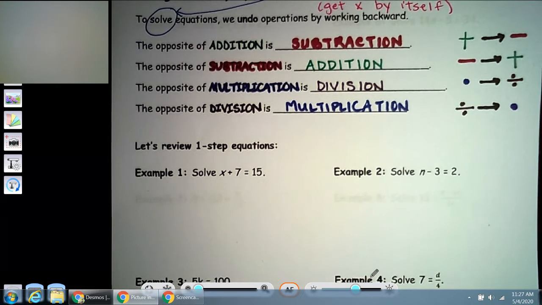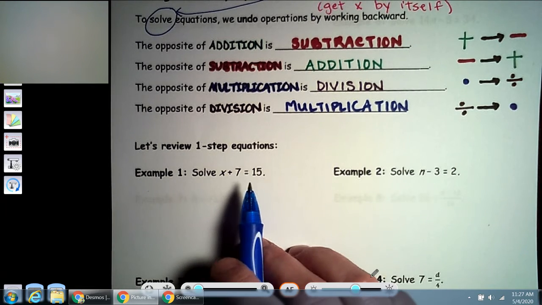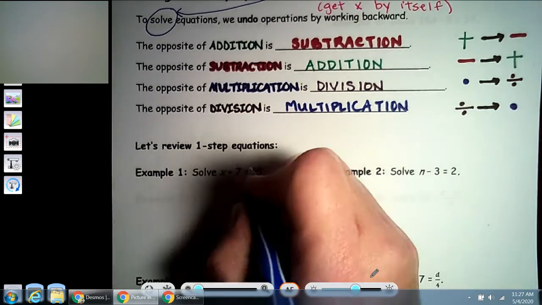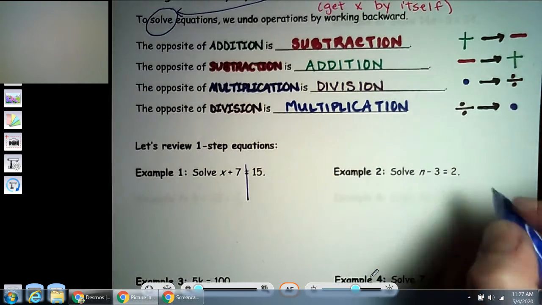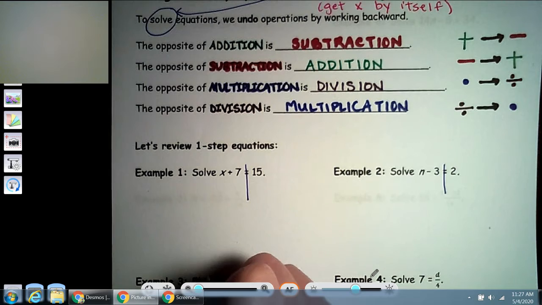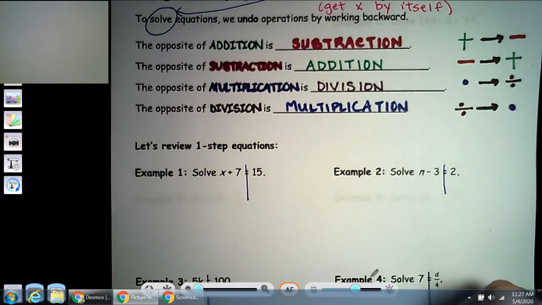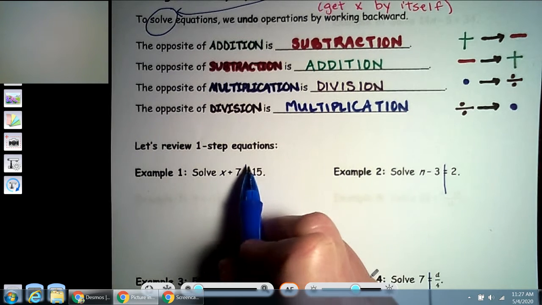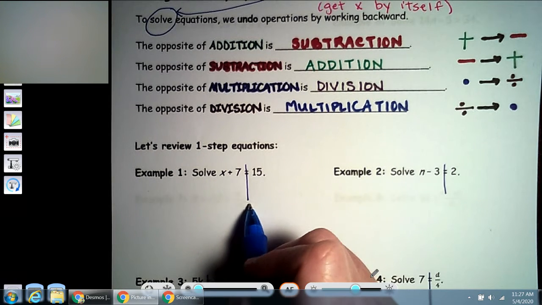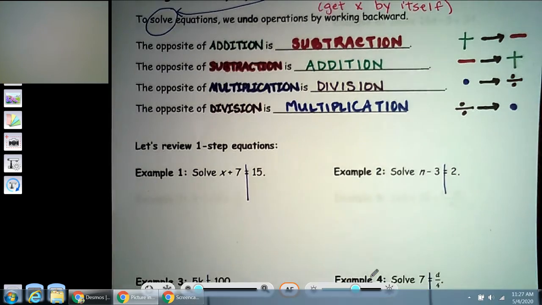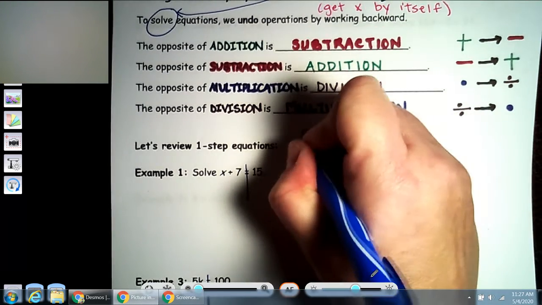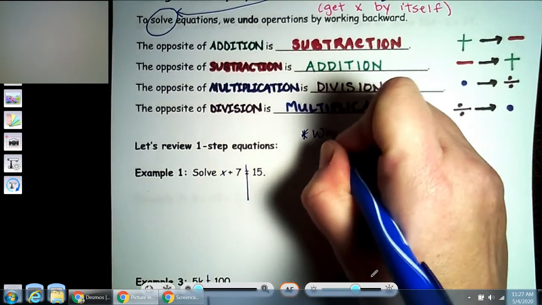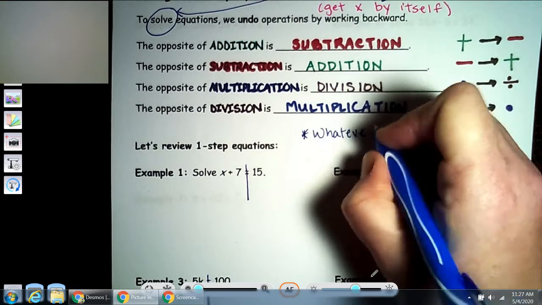First thing I'm going to do is, I know I want to isolate the variable, so I want to get that x by itself. So what I do is I draw a wall. Some teachers call it a river. Basically, where my equal sign is, I'm going to draw a line down that equal sign, because the thing about equations is when we're solving, whatever we do to one side, we have to do to the other.